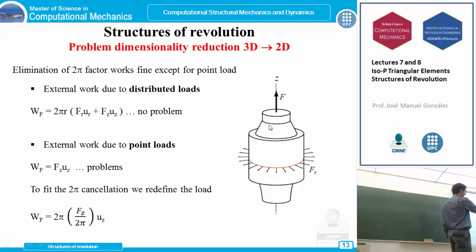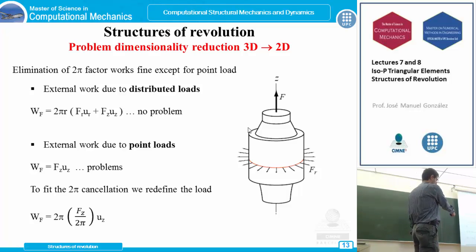Same thing with a vertical load, which is not here, but imagine you have a vertical load which you must extend around the axis, but you don't extend this F. Okay? So if you don't take into account the 2π factor for all of them, you are cheating with this external work, because you in fact are calculating the external work divided by 2π. So that's why we make this trick.